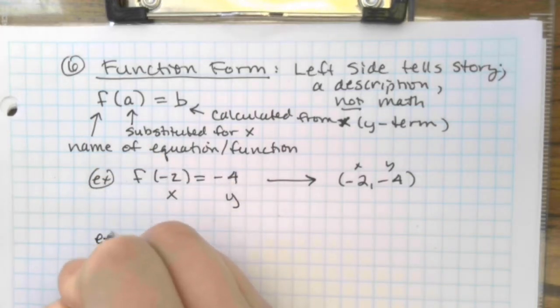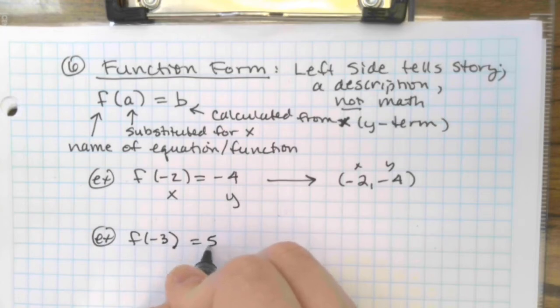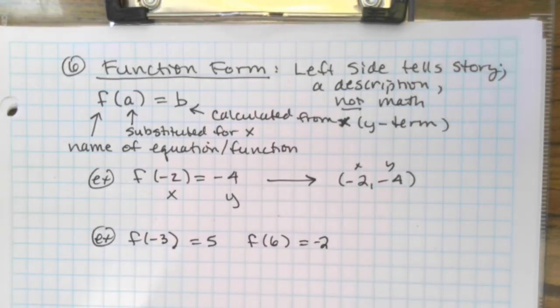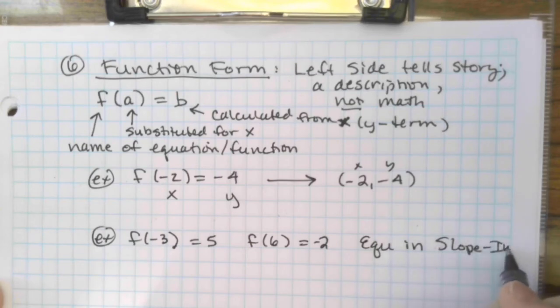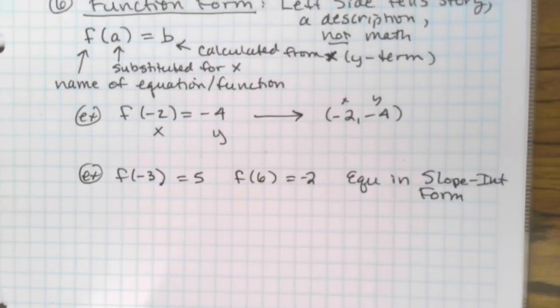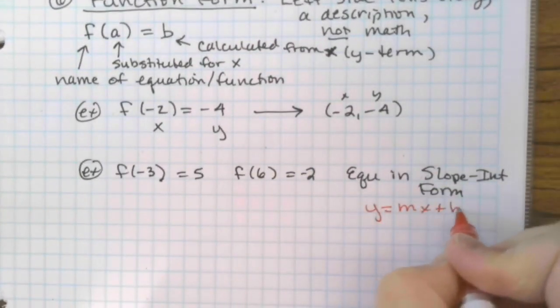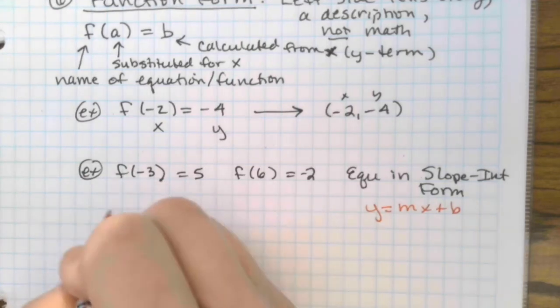All right, so the example we're going to do is, let's see, f of -3 equals 5, f of 6 equals -2. And we're going to write the equation of the line in slope-intercept form. So slope-intercept form, of course, is y equals mx plus b. So first thing we need to do is calculate the slope.